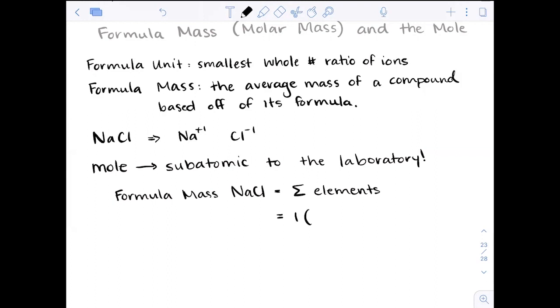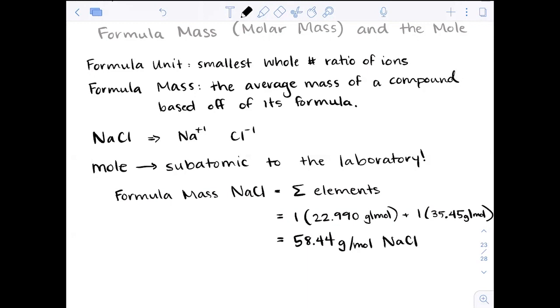Particularly, there's one sodium, which is 22.990 grams per mole on the periodic table, plus one chlorine, which is 35.45 grams per mole. So they're additive. Together, they're 58.44 grams per mole sodium chloride.